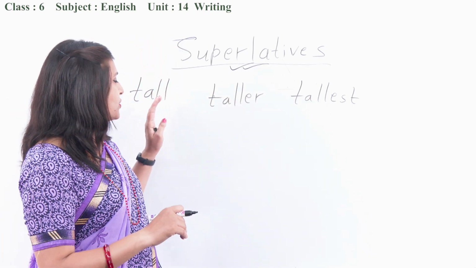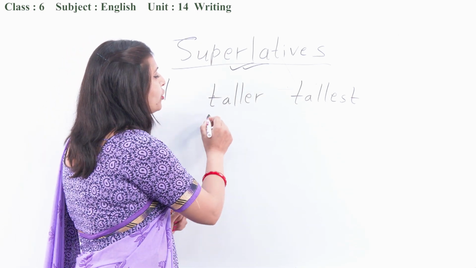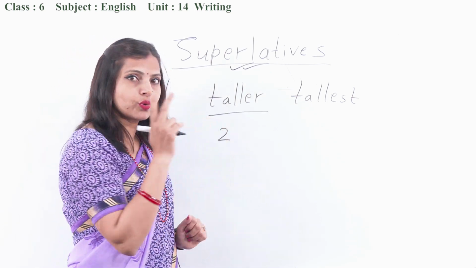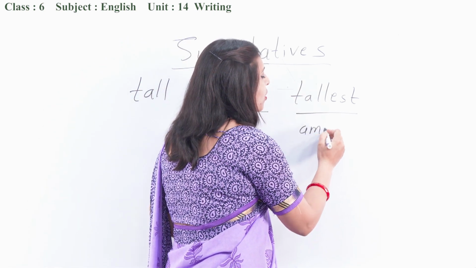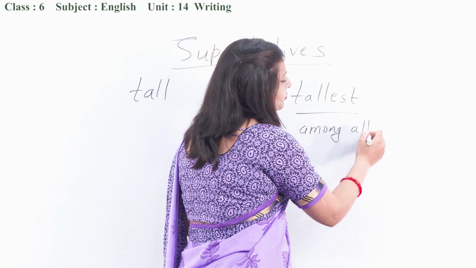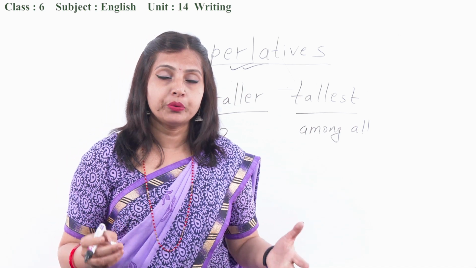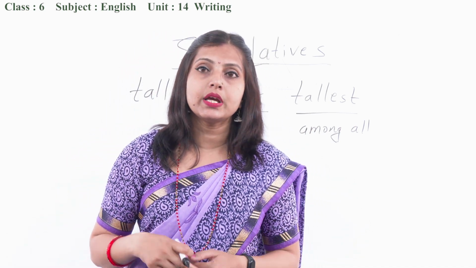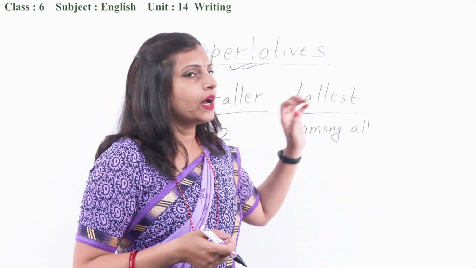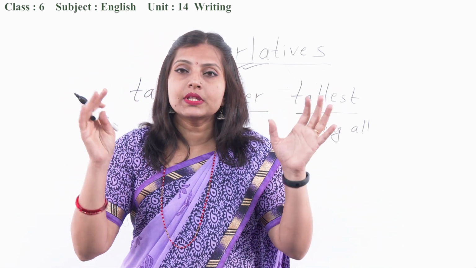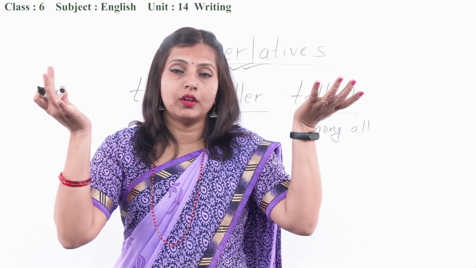Okay. So, this is comparative when you have to make comparison between two. Only two objects are there. And superlatives means among all. So, this is what you have to use when you are making comparison. Okay. You have to use comparatives and the superlatives. Super means above all.